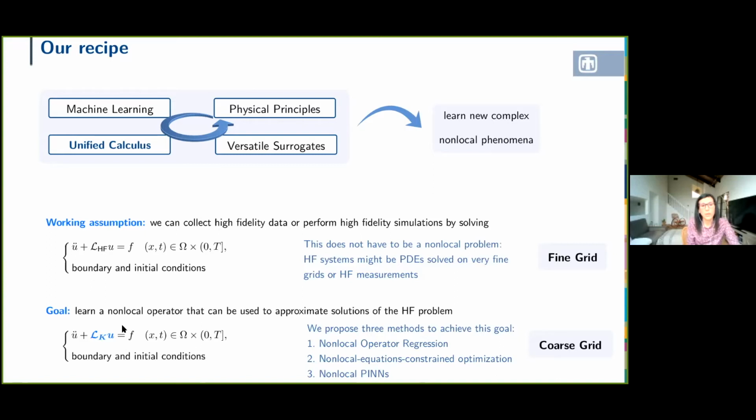With a non-local model, what we're claiming is that the information is going to be all in this kernel K. So once we determine this kernel K, the kernel will embed the constitutive behavior of the physical system. And due to the non-locality, we'll be able to solve this system on a much coarser grid.